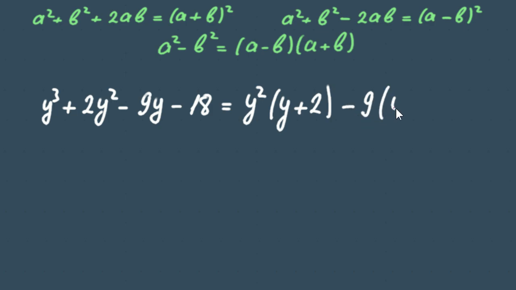In brackets I will also get y plus 2. And now again I will take the expression y plus 2 out of the brackets as a common factor. From the first term in the polynomial I will be left with y to the second power. From the second term of the polynomial, I will be left with negative 9.